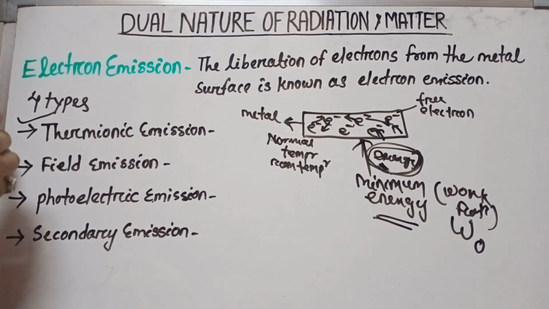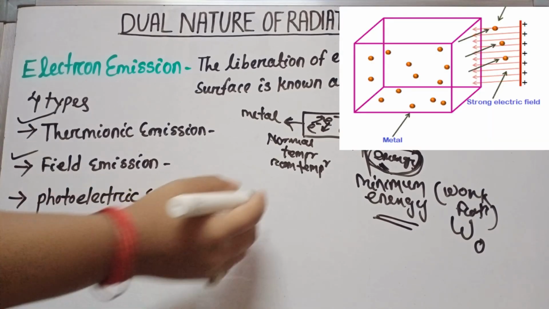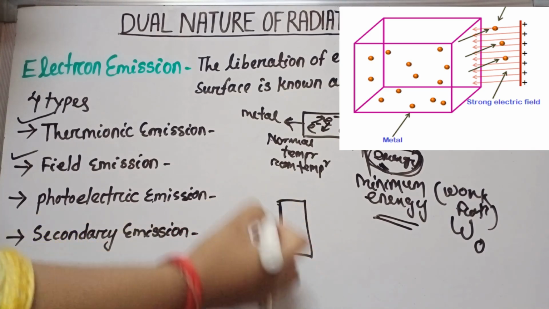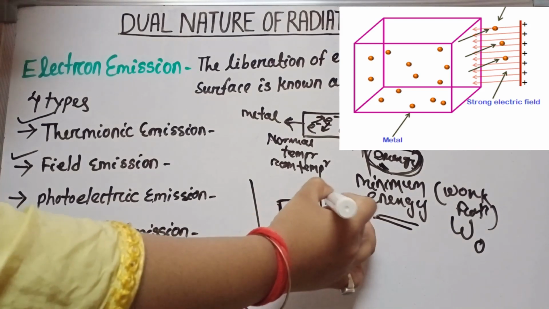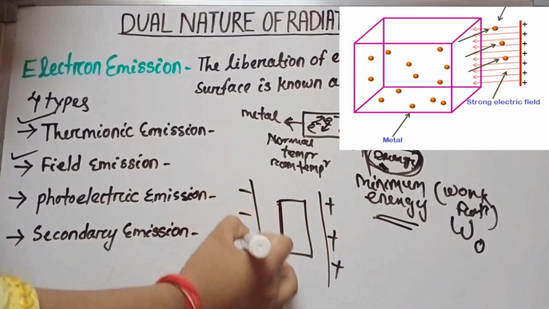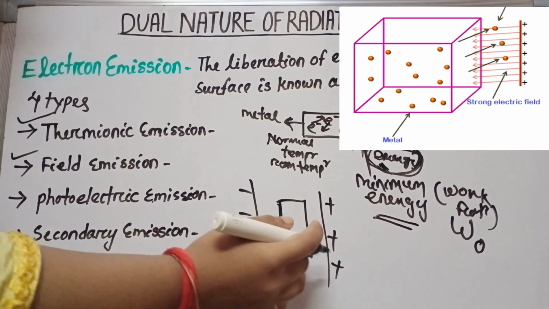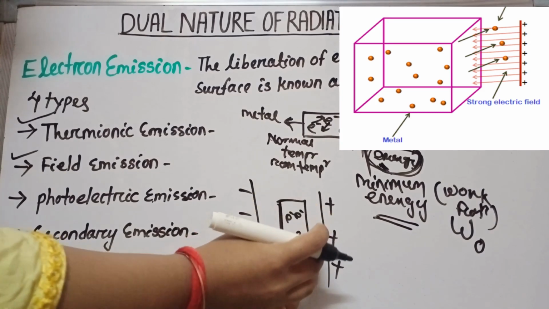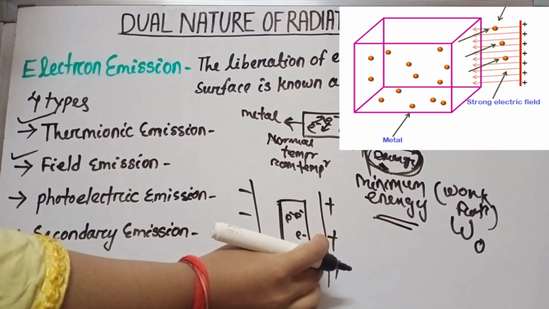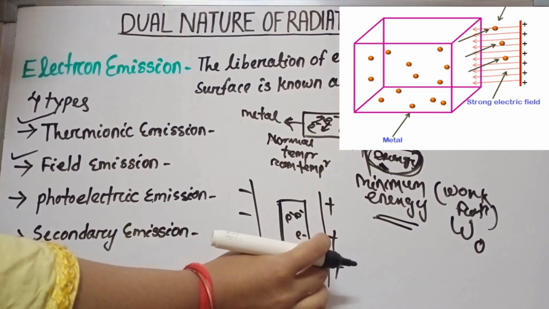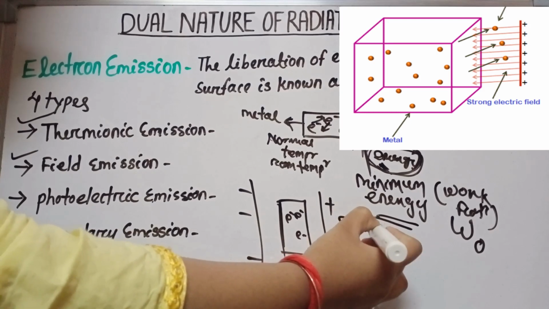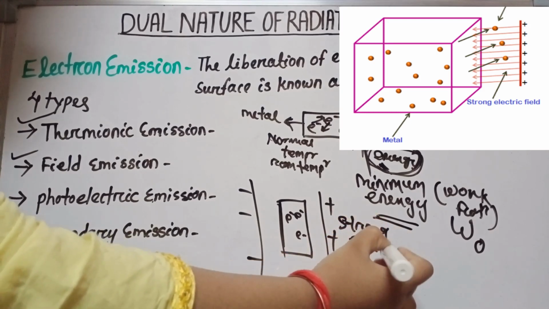Now go to the second type, field emission. If we consider a metal placed in a strong electric field, the free electrons inside the metal are able to emit from the surface due to this strong electric field.